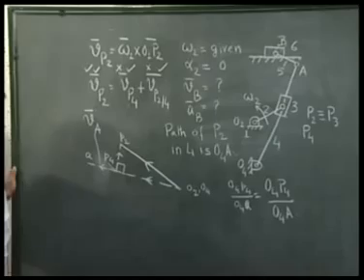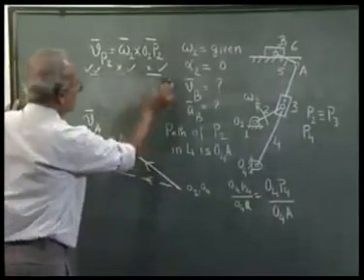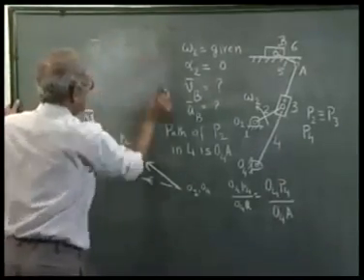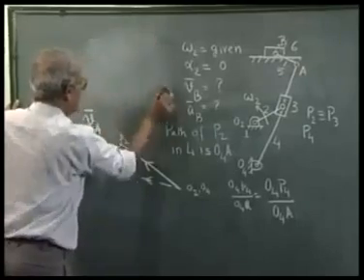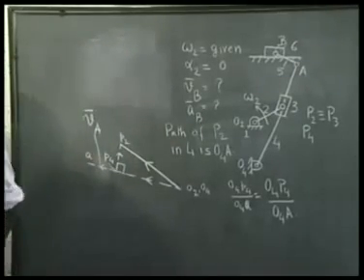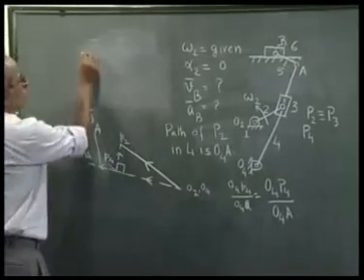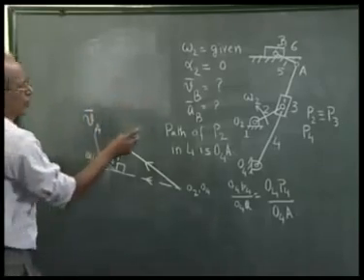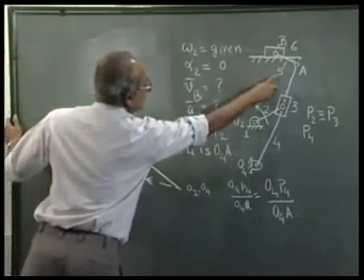Now, to determine the velocity of the point B, we go as follows. A and B are 2 points on the same rigid body 5.